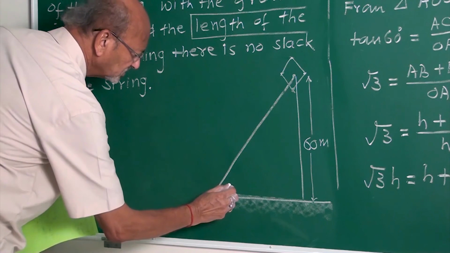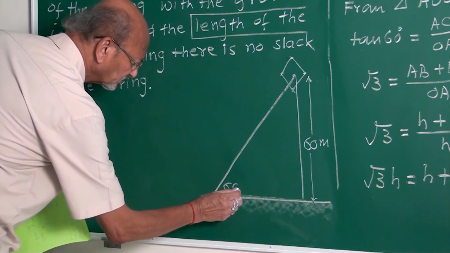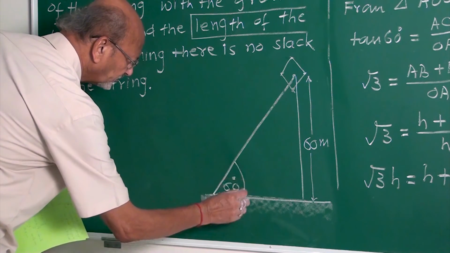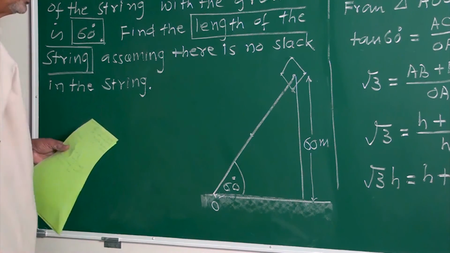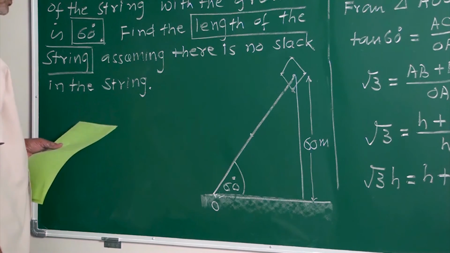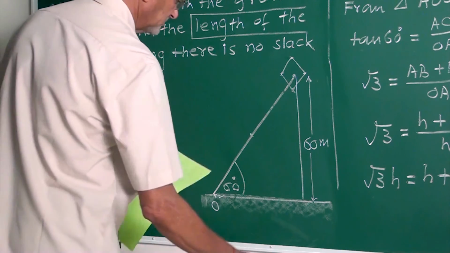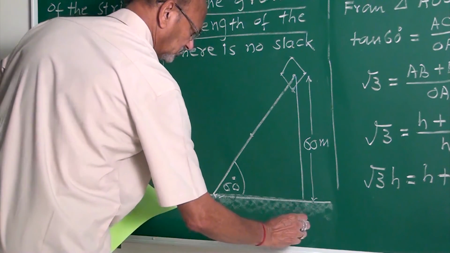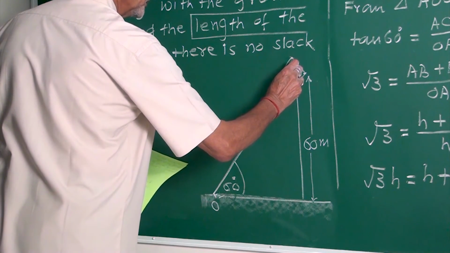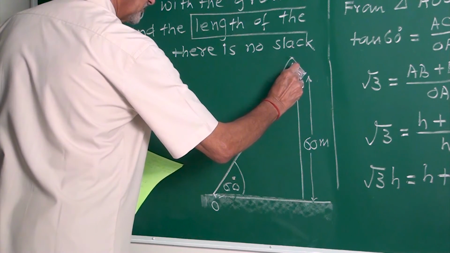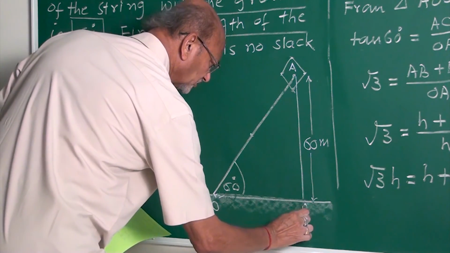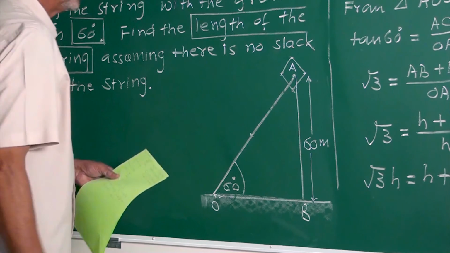The angle of elevation is given as 60 degrees. Then you want to find the length of the string, my friends. Take this as AB, where A is the top and B is the bottom of that height.